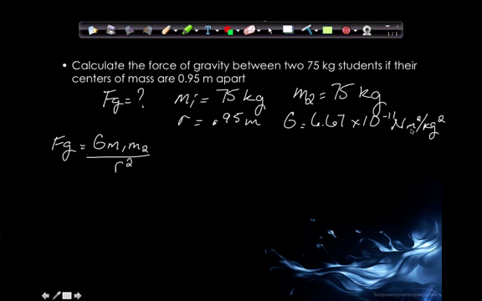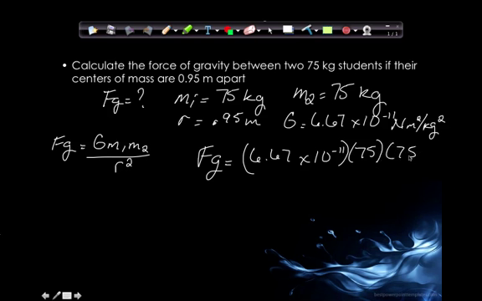And then meters and meters. So I'm fine, I don't have to convert anything. At this point I'm just plugging into the formula and solving for force of gravity. Force of gravity is equal to this large number times my first mass, 75, multiplied by my second mass, divided by my radius squared, 0.95 squared.